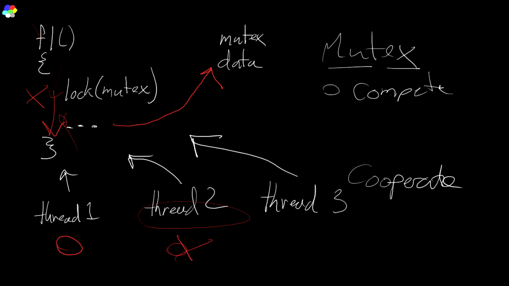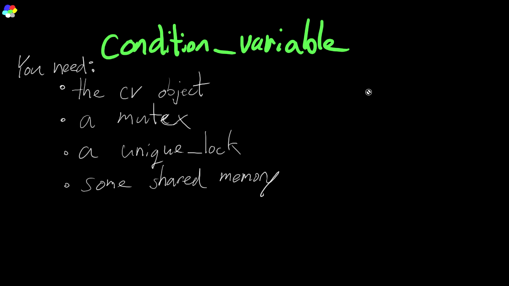They have to communicate with each other. And that's what the condition variable gives us. It gives us a way for one thread to signal another thread. Or looking at it another way, you can have threads wait on a certain signal. And that's a good thing. We'll get into why that's good in a little while.